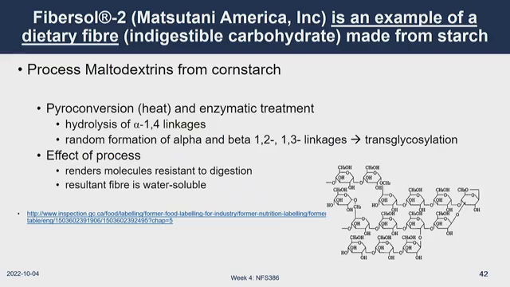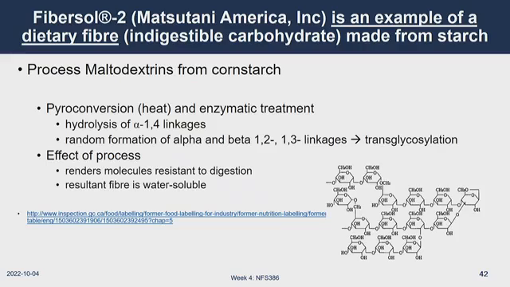So this is the starch, and this is the form. It's cut here, and the linkages are then randomly reformed or readjusted. This random formation will make it specific. It will be a polysaccharide, same as a starch, but the conformation is different.